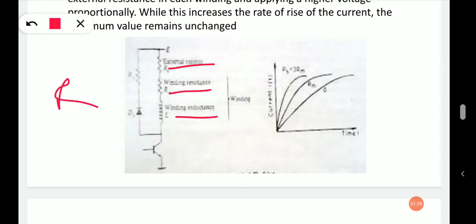Okay, winding resistance R, winding inductance L, and external resistance is RE. This is the LR drive or resistance drive.